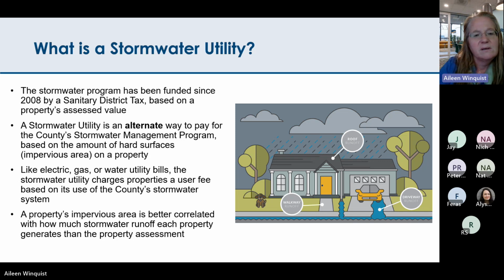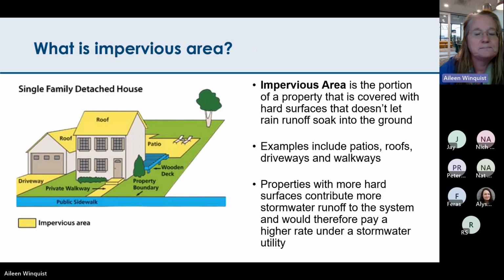And the impervious area is better correlated with the amount of runoff from a property than the property assessment, because there's really no direct correlation between a property assessment and the amount of runoff. So changing to a utility does give a better correlation there.